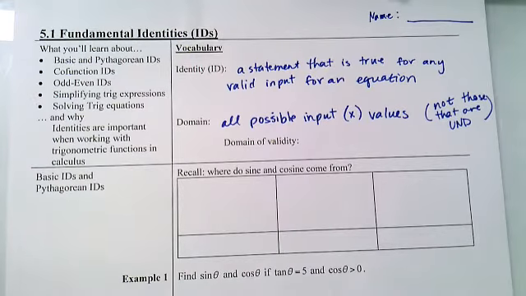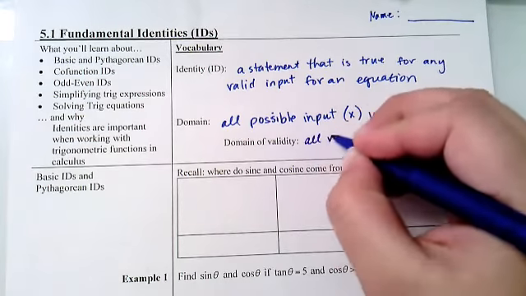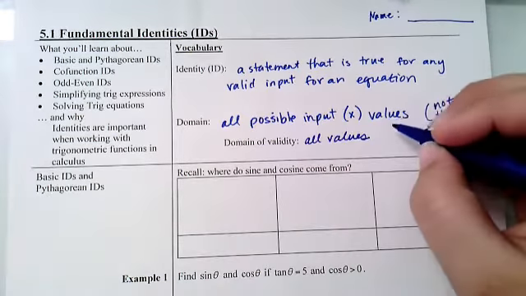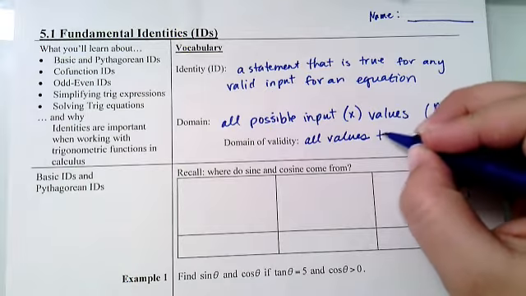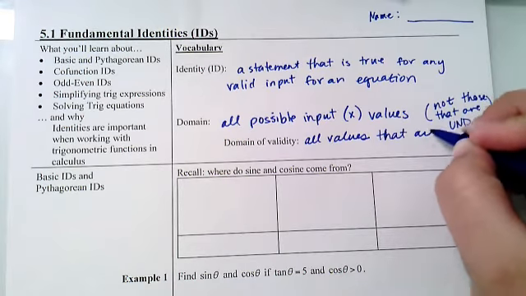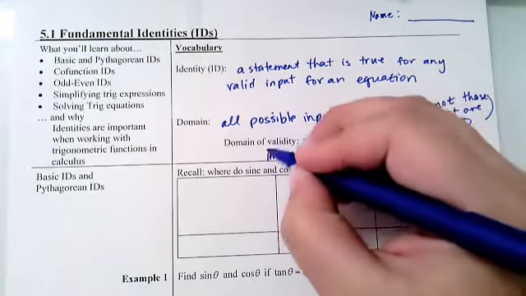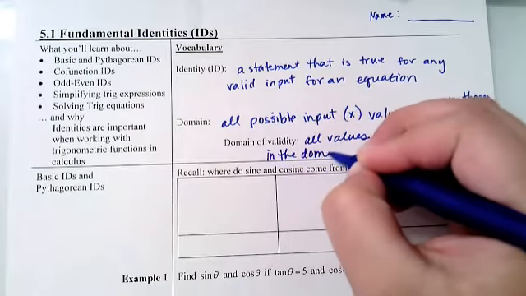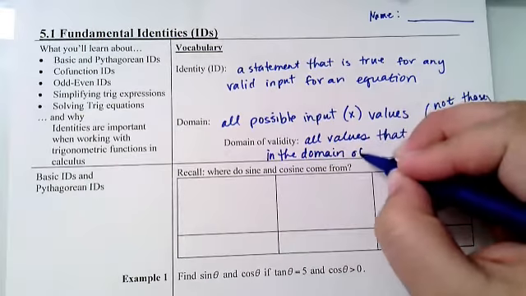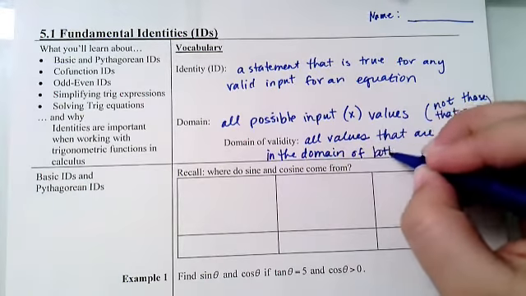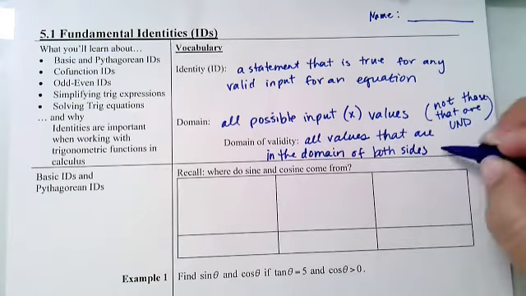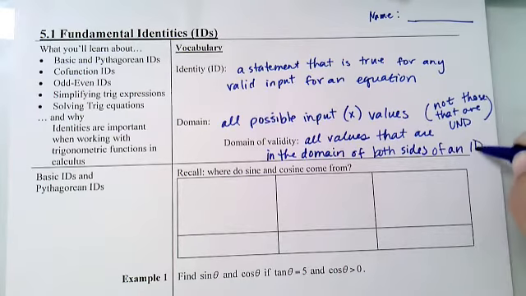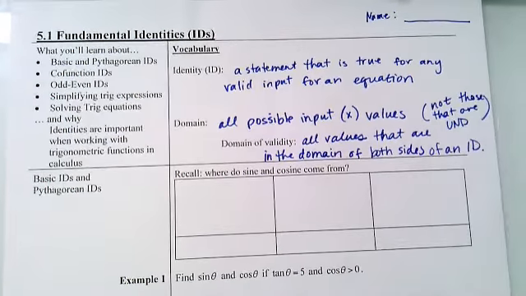So if it's in the domain of the right side and the left side, then it's in the domain of validity. So we say all values that are in the domain of both sides of an identity.